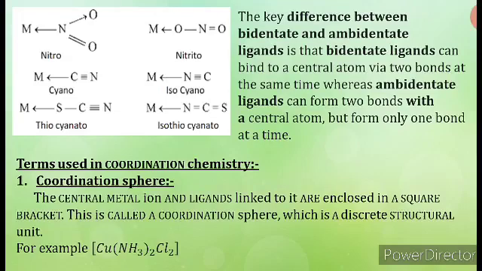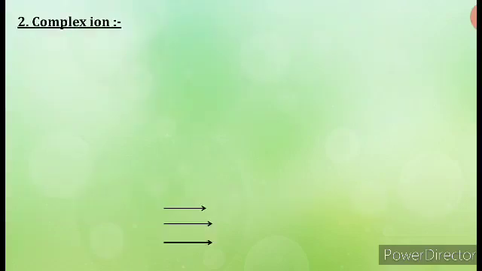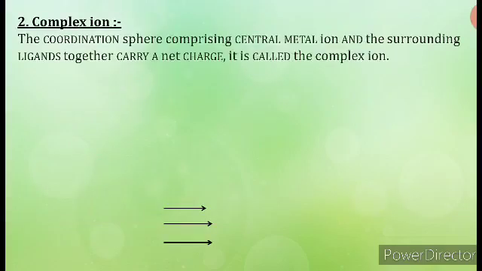It is a neutral complex. If this complex carries any charge, then it becomes an ion. When the coordination entity carries charge, it is known as a complex ion. So the coordination sphere comprising the central metal ion and surrounding ligands together carrying a net charge is called a complex ion. Is it clear?